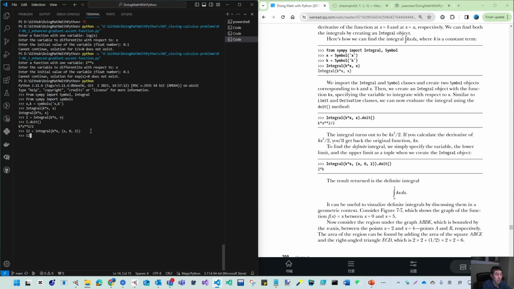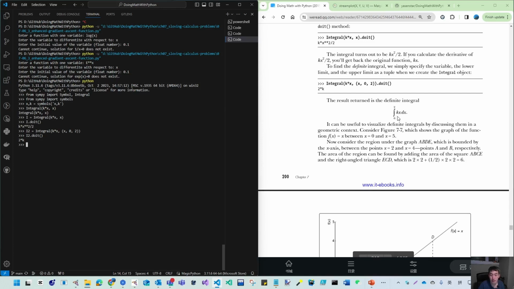Let's see. I2 dot doit is 2k. That is the easier way, with the ready-made built-in Integral class or integral function.